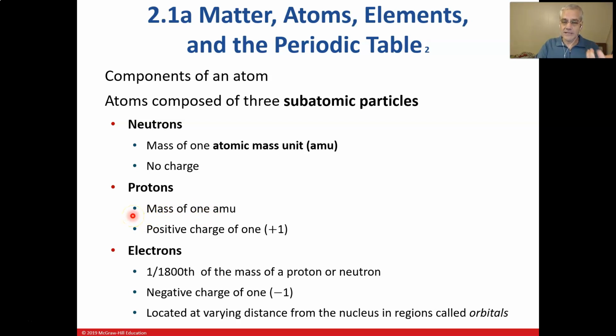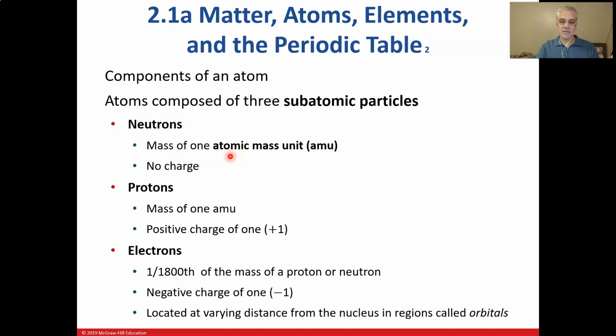We measure the weight of a proton in what's called an atomic mass unit. Don't worry about what that is. A proton weighs 1 AMU, 1 atomic mass unit. Likewise, a neutron that is also in the nucleus with the proton has the same weight.